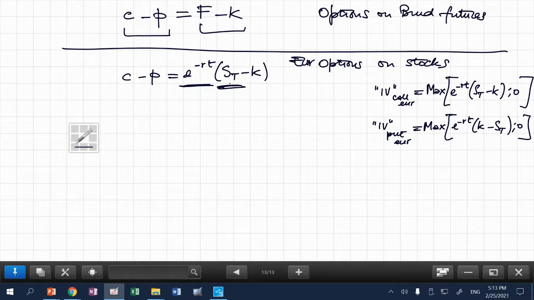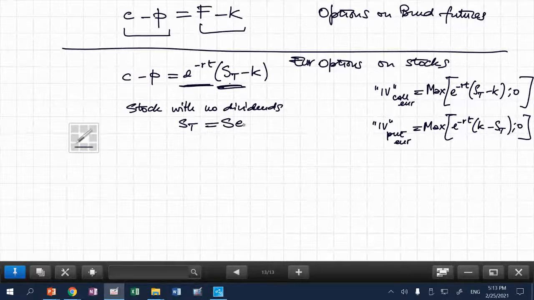How can we get there super quickly? If you have a stock with no dividends, then the forward price is simply S times e to the power RT. Okay? What happens if I substitute this into ST in the formula?